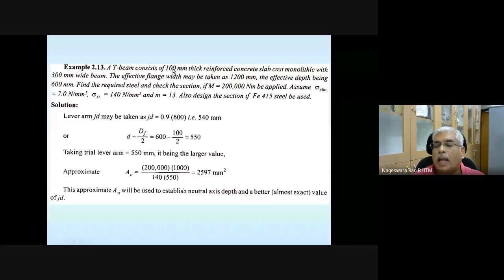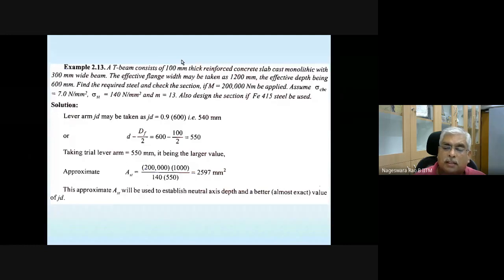So capital Df is given as 100 mm, the width of the web, bw, is given as 300 mm. Effective flange width may be taken as 1200 mm. bf is taken as 1200 mm.